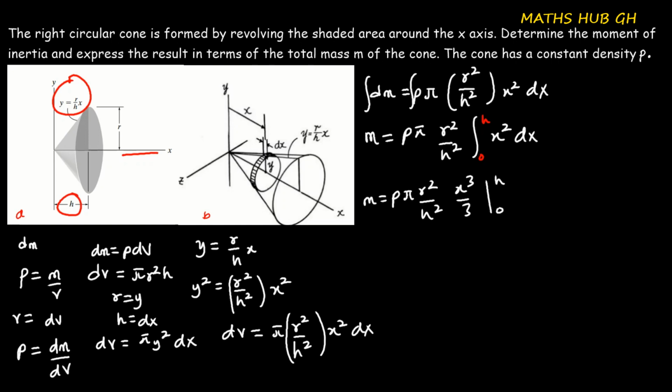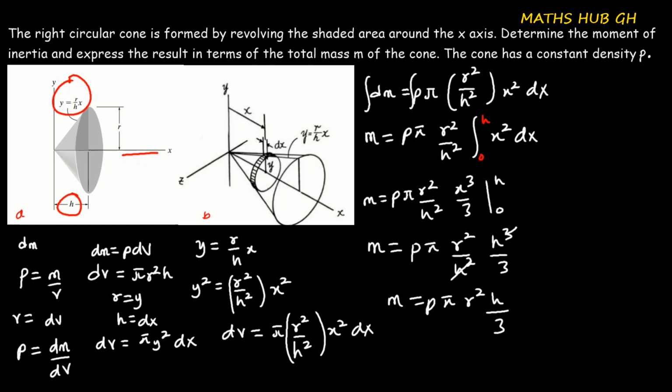So when I do this, we are going to have the mass equal to rho pi multiplying r squared over h squared, and then h cubed over 3. So this will cancel out, and at the end we are going to have the mass m equals rho pi r squared h over 3.